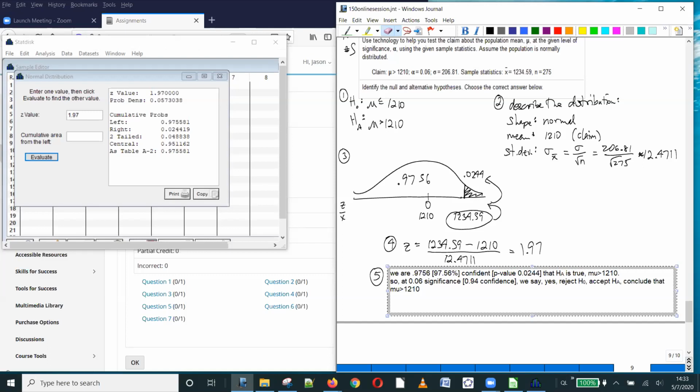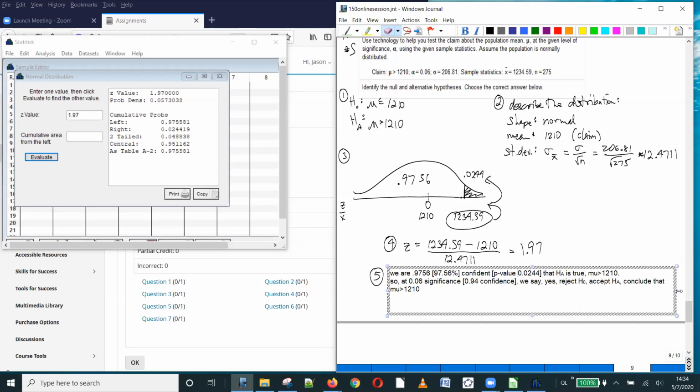So another way to do this problem is not to ask, is our confidence level high enough, but to say, is our p-value low enough? Because the way that we've fixed our terminology, confidence and p-value, or significance and confidence, are opposite things. So higher confidence means a lower p-value, et cetera.